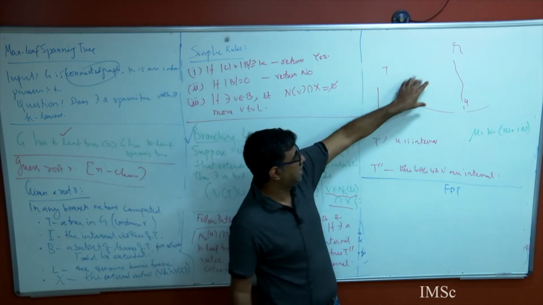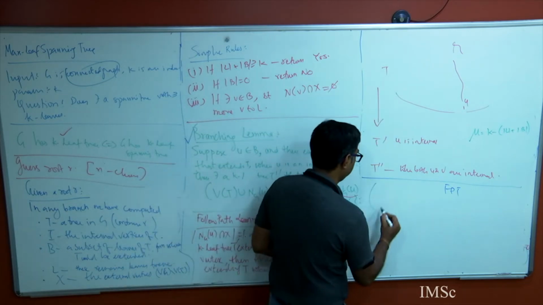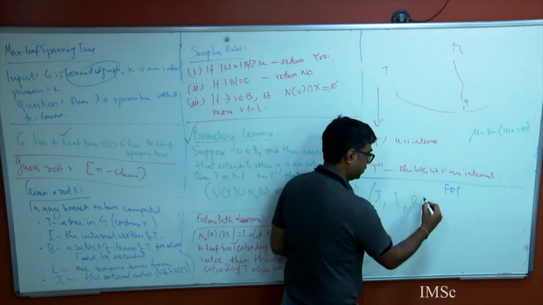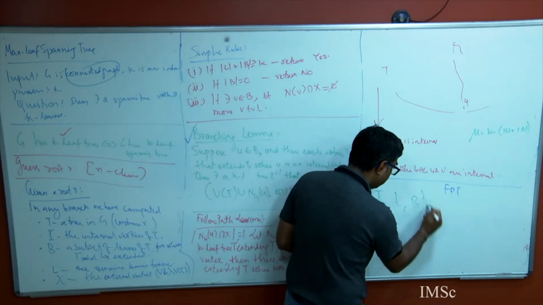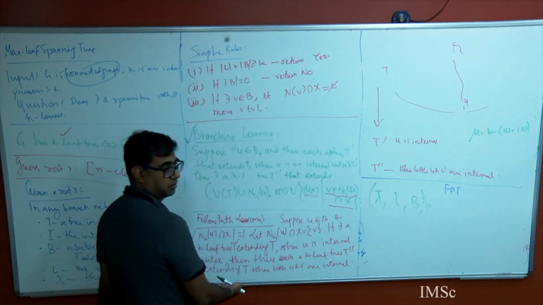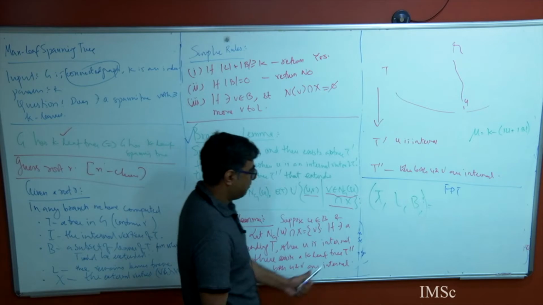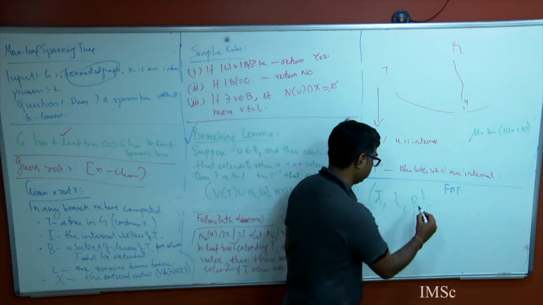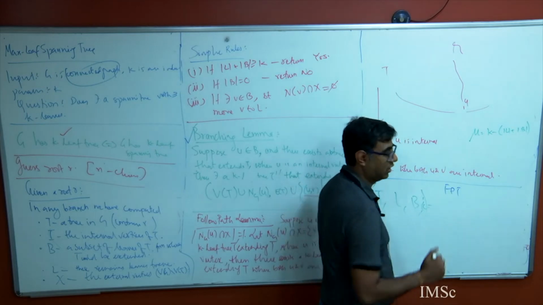Input will be a tree, some L and some B, alright? This is what my input will be, and based on this I have to have some measure, and maybe some k or something.